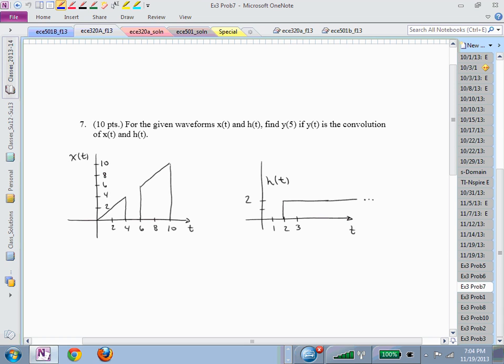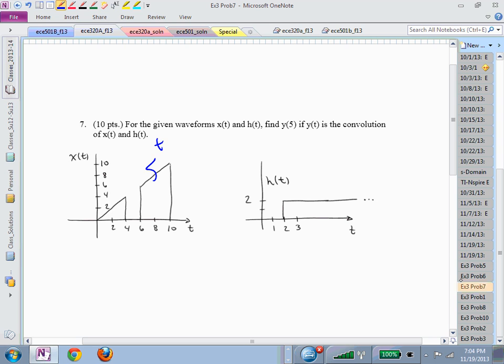H, right? That's a lot easier to flip and slide, isn't it? You can pretty easily find this functional description for x. It's just a constant slope, isn't it? Of 2, no, 1. So this is just x of t is t, isn't it? And you have to worry about that gap in there.